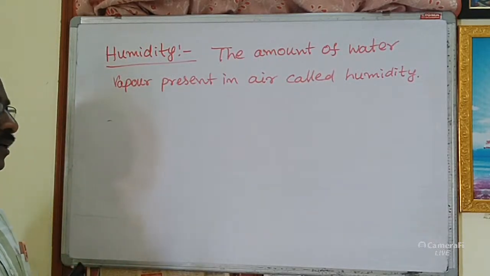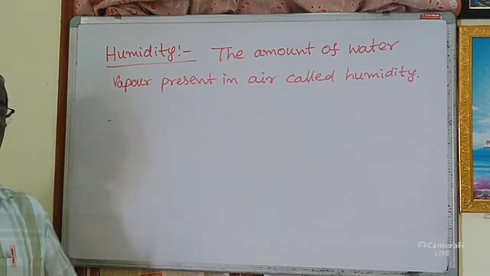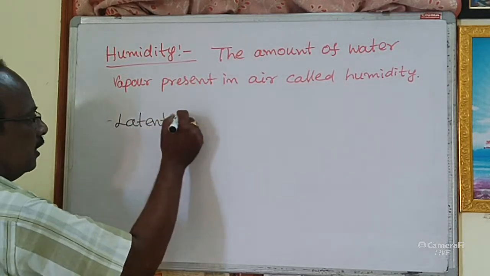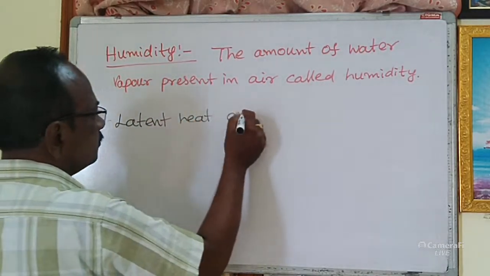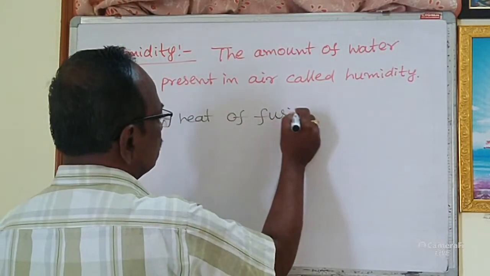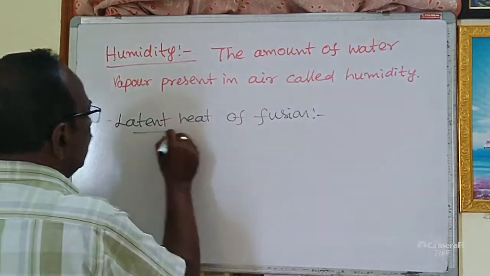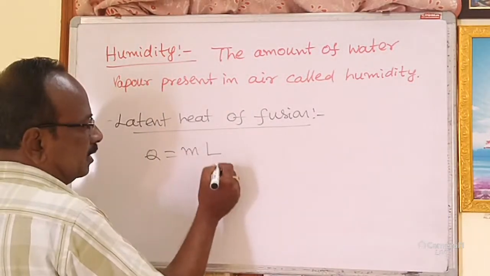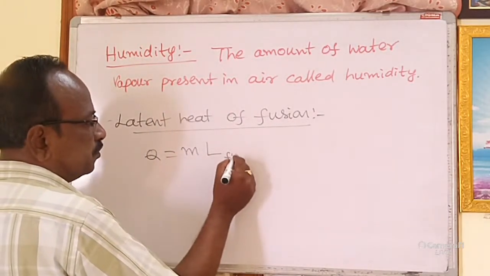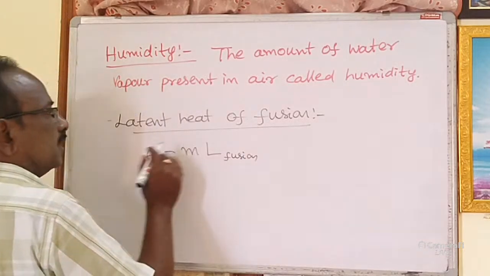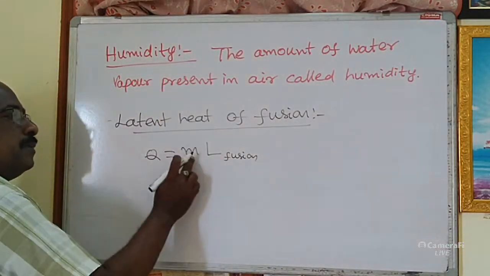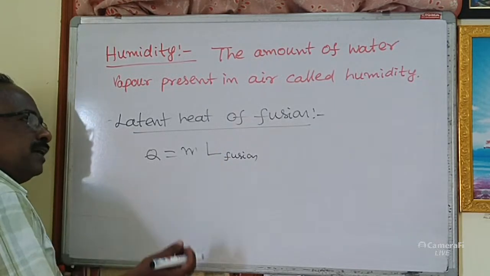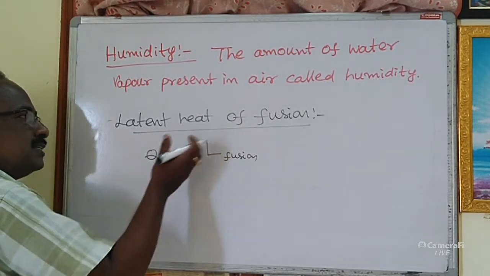And next, latent heat of fusion. Latent heat of fusion formula: Q equals m L. L means fusion, m means mass. Ice can be heated and it will change. What is latent heat of fusion?